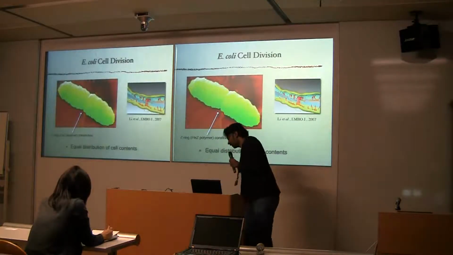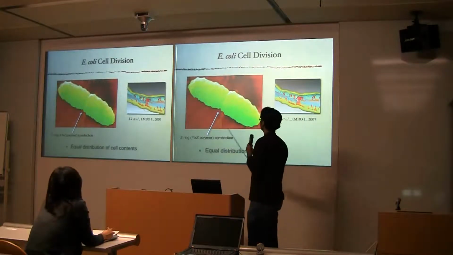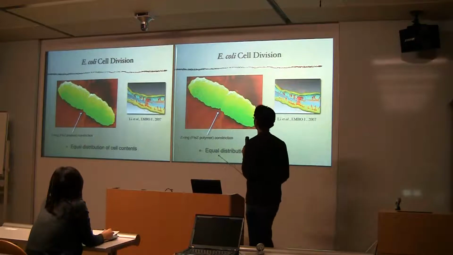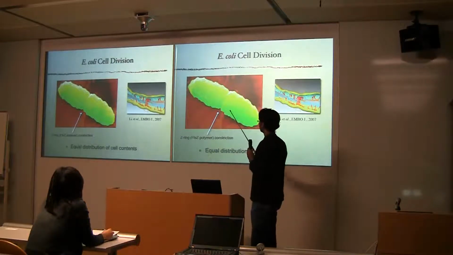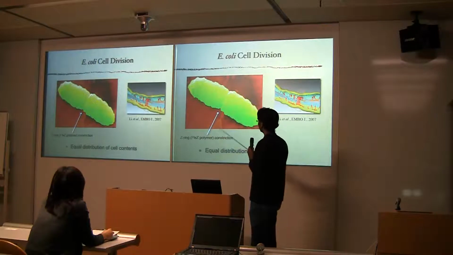E. coli divides at the middle after about 20 minutes, so it can produce two equally distributed daughter cells. E. coli divides in the middle with the help of FtsZ polymer. FtsZ is a protein that binds to the membrane and forms a polymer.